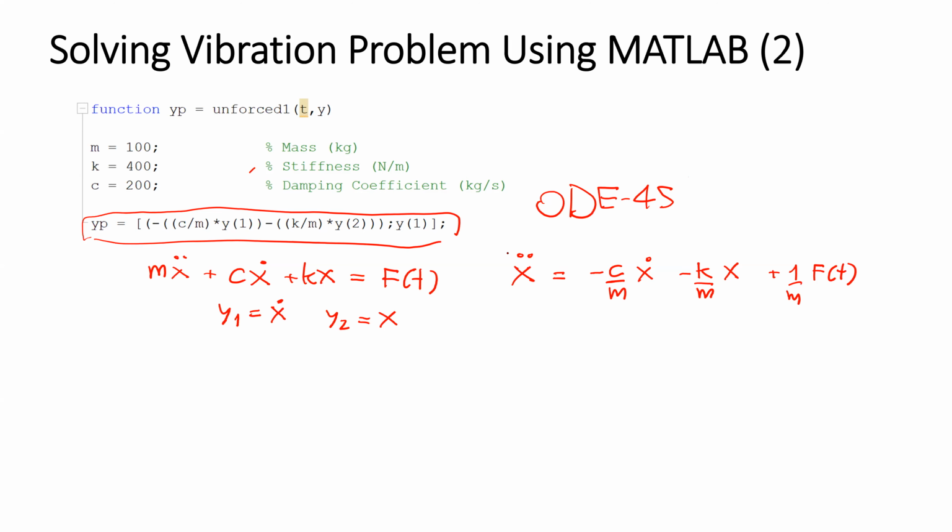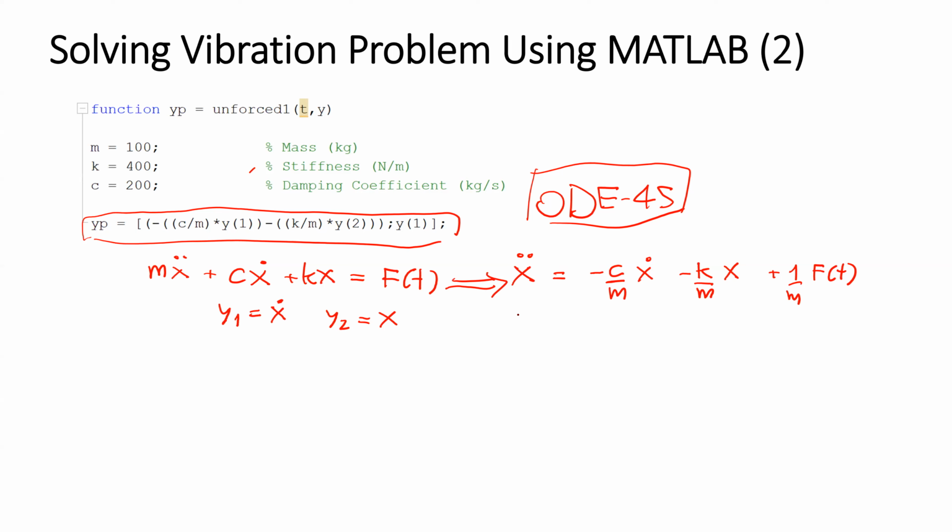This is the relationship for x dot dot. You may not need to fully understand this derivation at this time, but maybe in the next 4 or 5 weeks we will study this thing again. But this is how the ODE 45 function works. And this is the first relationship that we can transform from here.